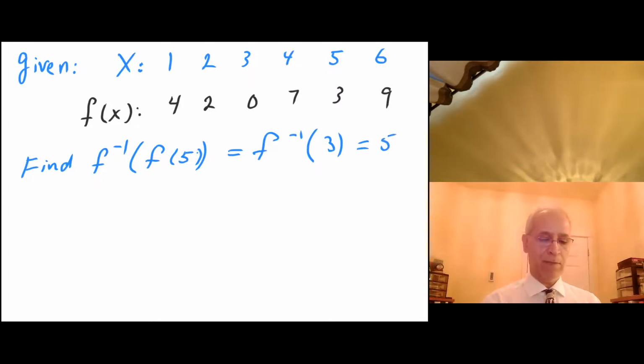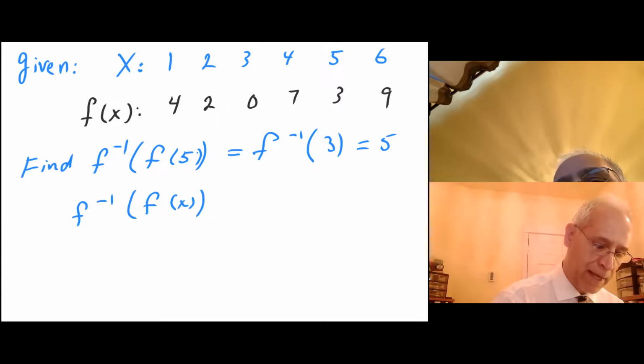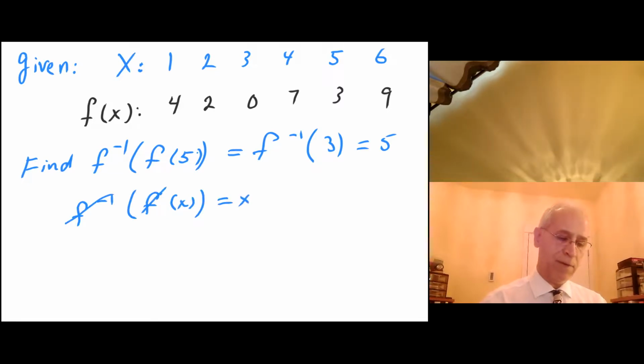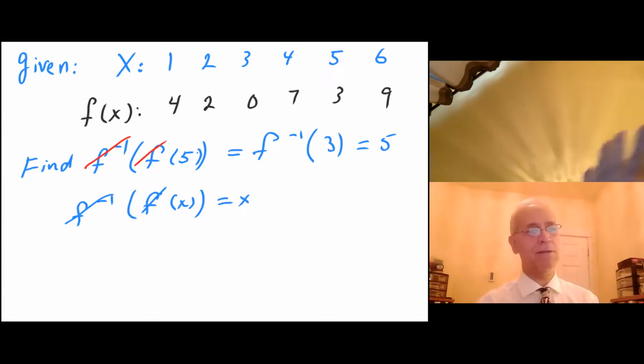So in general, if you have f inverse of f of any x, you can just cancel this and say that equals x. So here we could have just canceled this and said the answer is 5 and not even looked at the table because the language is clear.